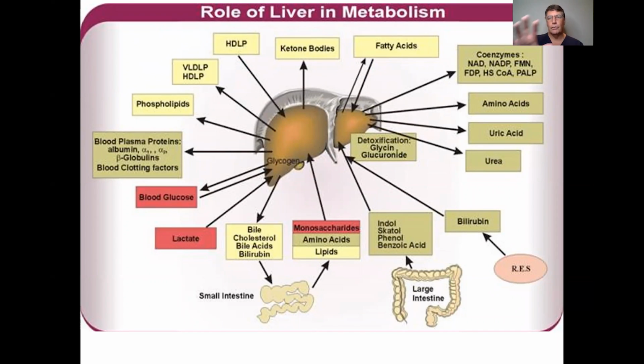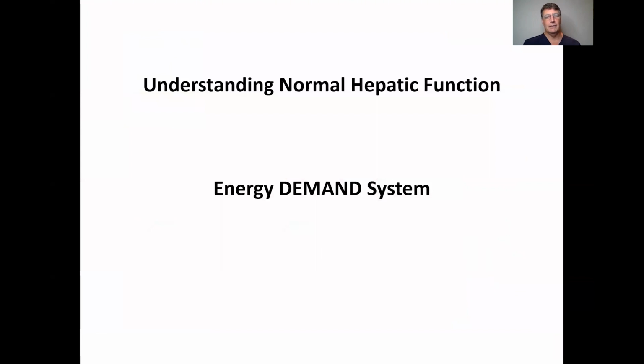And I'm not even going to go through this complex picture, but as you can see, the liver touches every aspect of human metabolism. And in order to understand fatty liver disease, we have to be able to look at some of these processes, but also what's important to understand is that once the liver becomes inflamed and cirrhotic, and even just inflamed, clearly these functions aren't performed very well. So it's kind of this self-fulfilling prophecy.